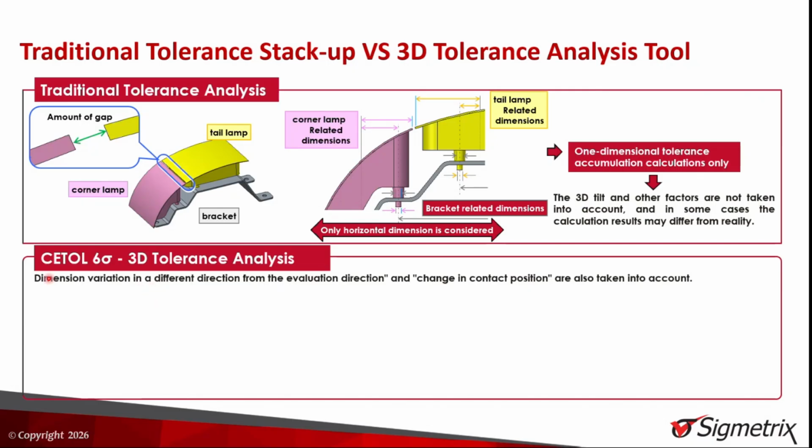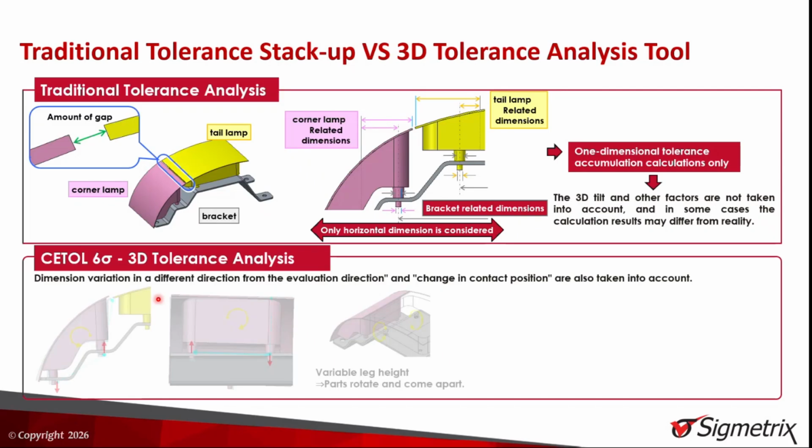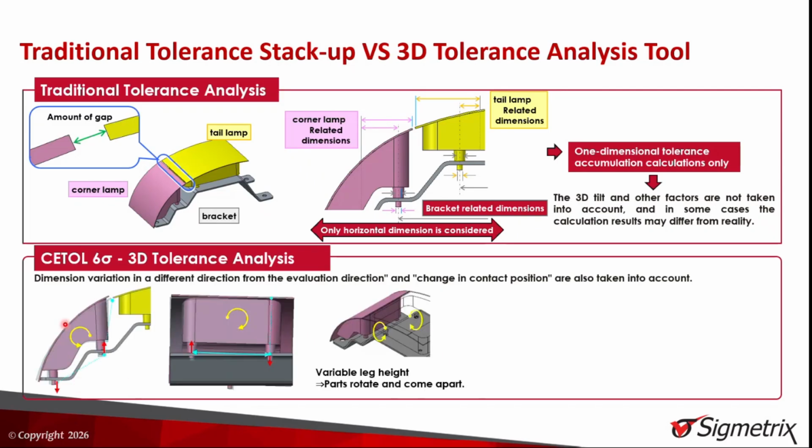So I would like to introduce how CETOL handles this scenario. In CETOL, the user is allowed to illustrate how the assembly happens, and also to take the tolerance into account. This kind of animation is taken out from CETOL rather than a CAD animation or something.